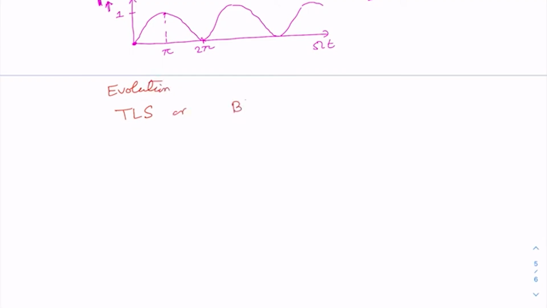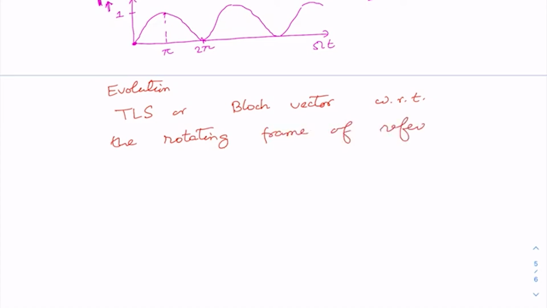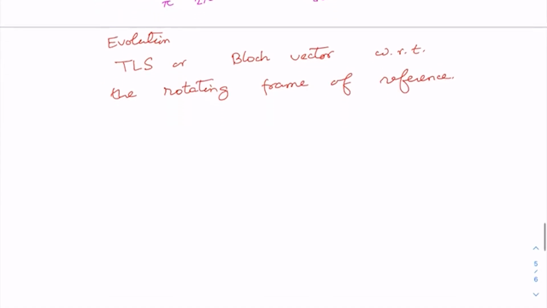So far we discussed the evolution of the two level system, or in other words the Bloch vector, with respect to the rotating frame of reference. There we saw that the Bloch vector rotates about the epsilon vector with some precession frequency.